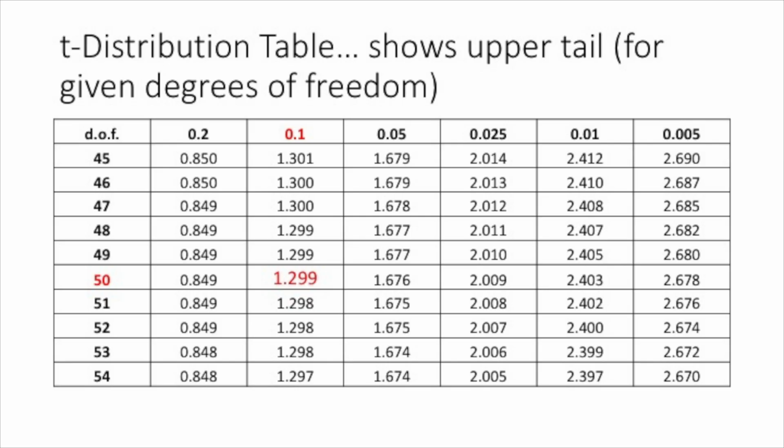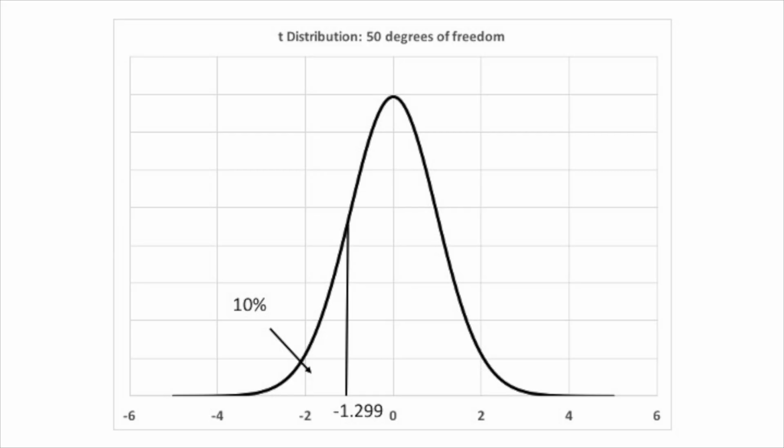Here's a t-distribution table. You want to go down to the row that has 50 degrees of freedom. You go over to the column that's headed by 0.1 because that's 10% of the tail. You see a value of 1.299. Of course, that's for the upper tail of the distribution. So if you want the lower tail of the distribution, you have to put a negative in front of it. So here we've replaced what was once question marks with the t value.